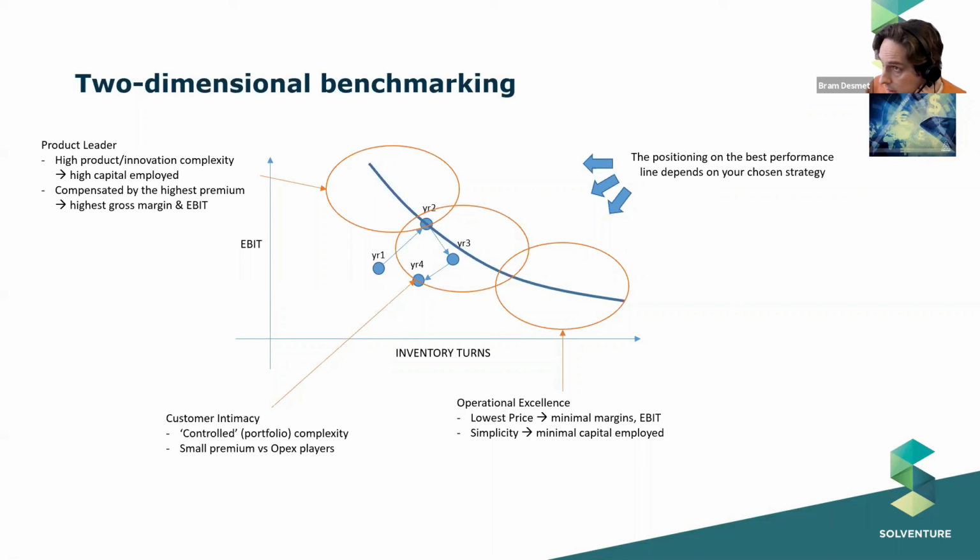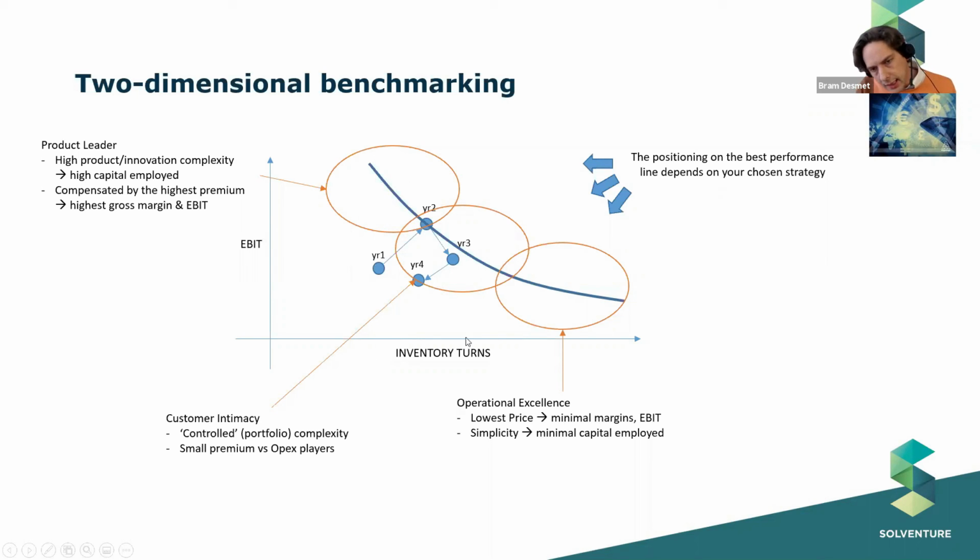If I'm a product leader, I typically have complex products. Complex products mean sometimes niche components from niche suppliers with not a lot of flexibility. So a lot of inventories on raw materials or components, typically also with a relatively high risk. But that's not a problem. Even if I have a lot of inventory, as a product leader, I should be able to compensate with high margins.